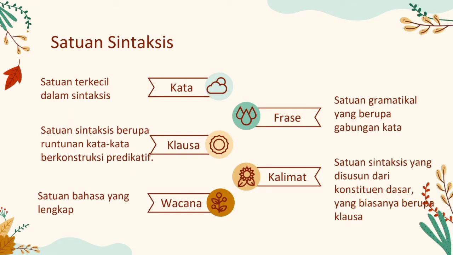And the next material is syntax units. The first is word. Word is the smallest unit in syntax. And the second is phrase. Phrases are grammatical units which are compound words. Syntax rules determine, among other things, the correct word order for a language. They also determine the grammar of a sentence, such as subject and direct object.